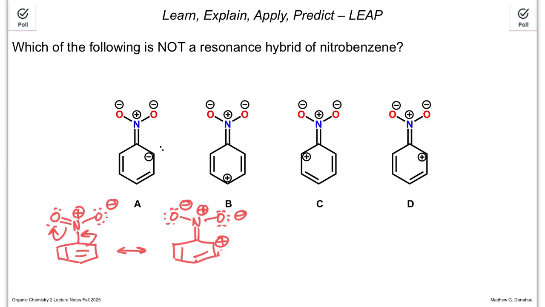And what we'll find with the remaining resonance structures, that positive charge is now at the 1,2 or the 1,4 positions. And then the last one, we just migrate that plus charge again.